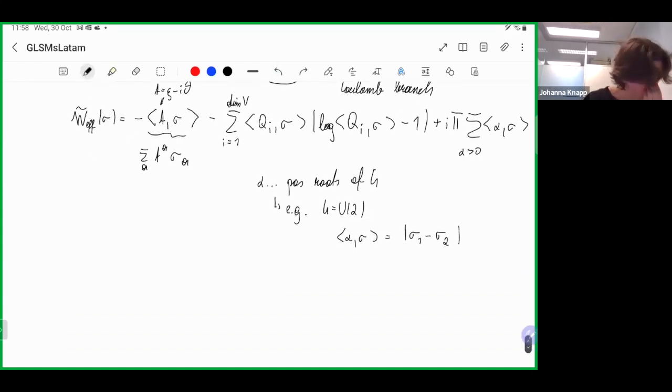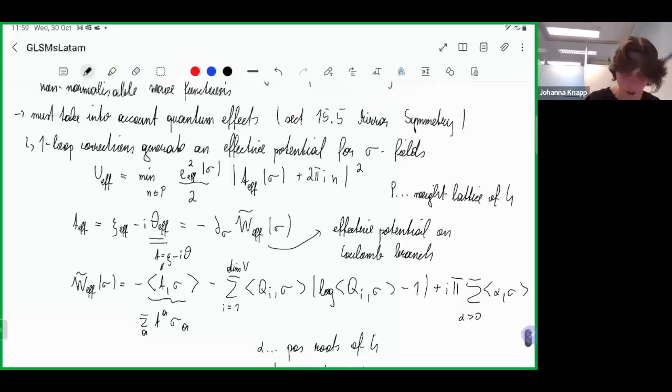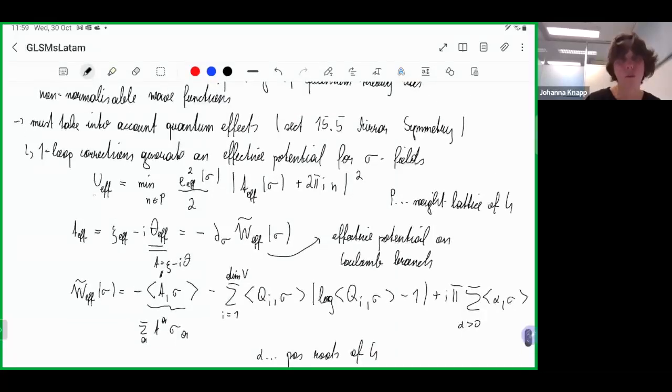I'm trying to find a good point for a break. So let me just state that if we take into account these quantum corrections, on the Coulomb branch we will see that we only have a Coulomb branch if this new effective potential is flat, because everywhere else the Coulomb branch is lifted, because the Coulomb branch wants to be situated at a minimum of this potential.